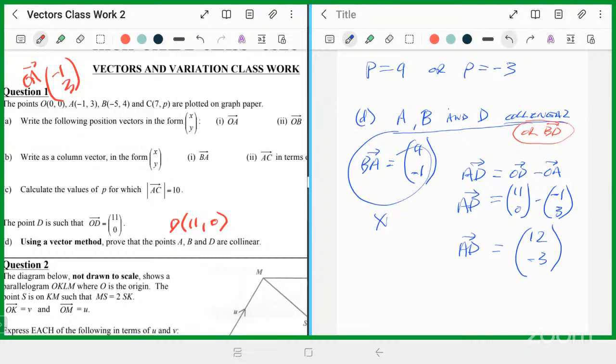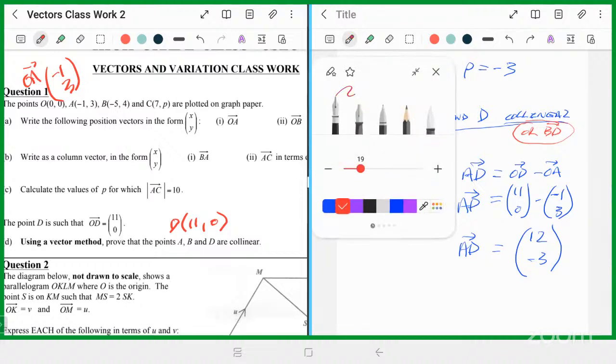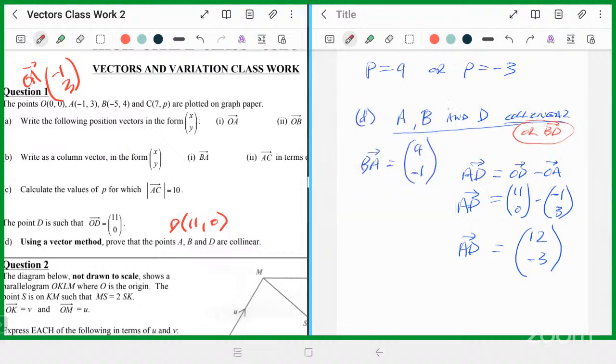The method that we taught in class was to get these two sides equal. When one is smaller than the next, I multiply the smaller vector to make it equal to the larger vector so that they can equate. I can see that this is a 3 times relationship: this big one is equal to 3 times this small one.